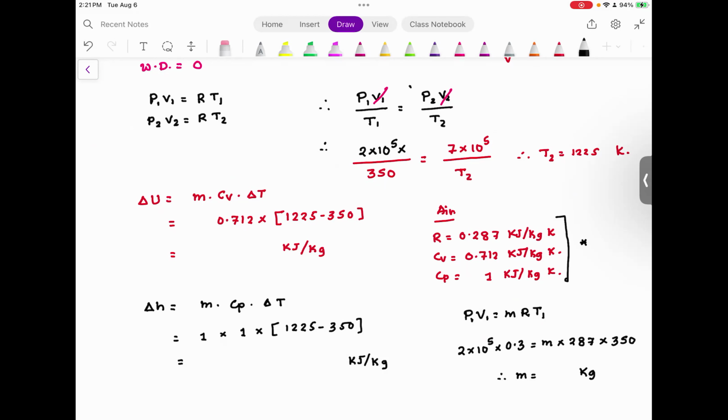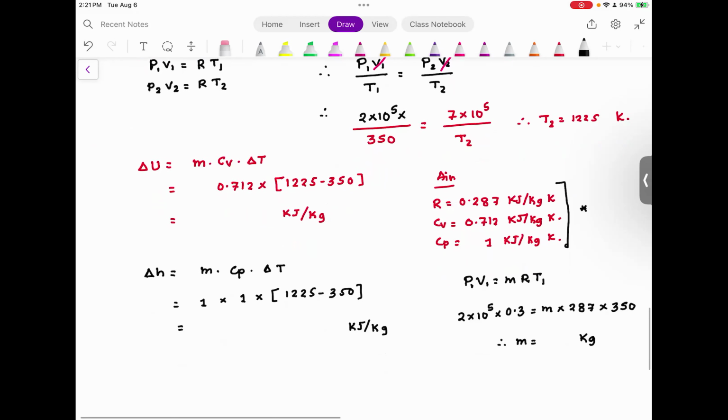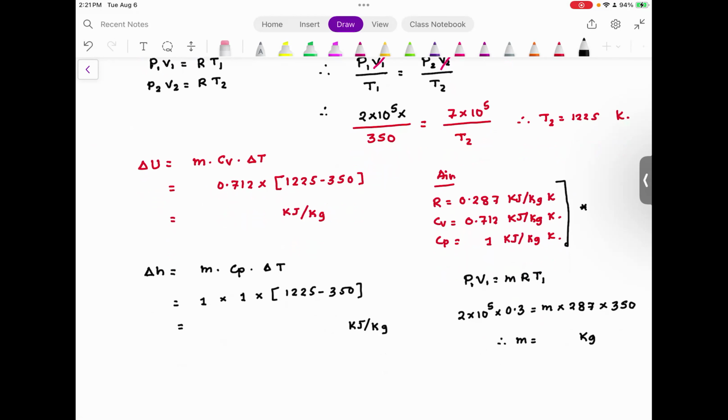The last part is entropy. Since it's a constant volume process, entropy change is given as M Cv ln T2 by T1.